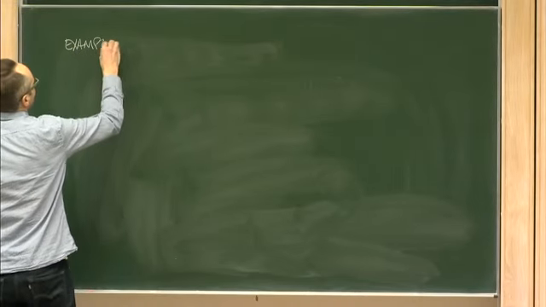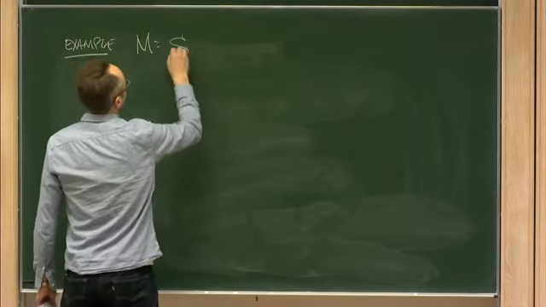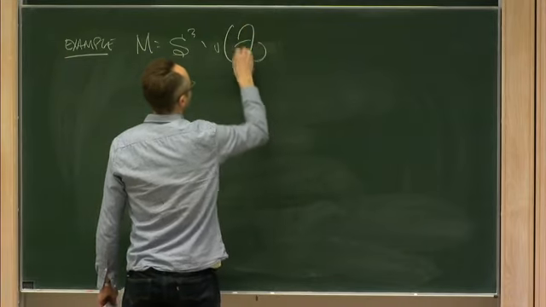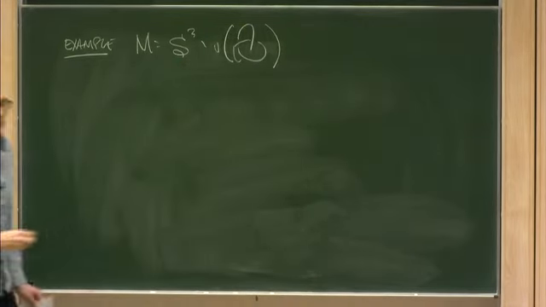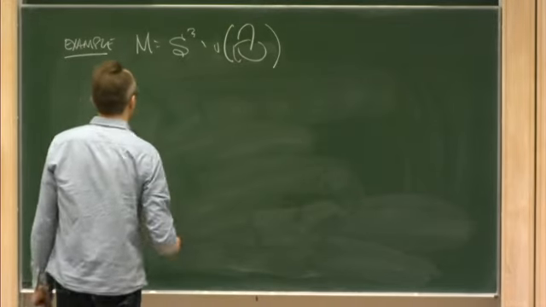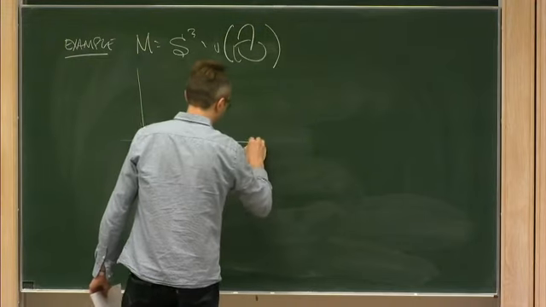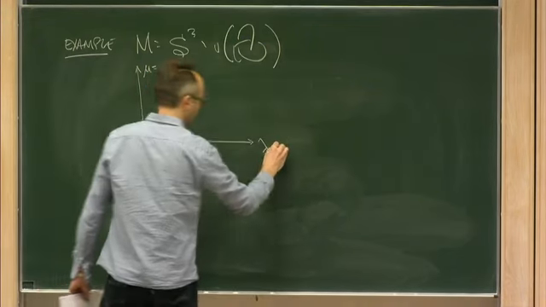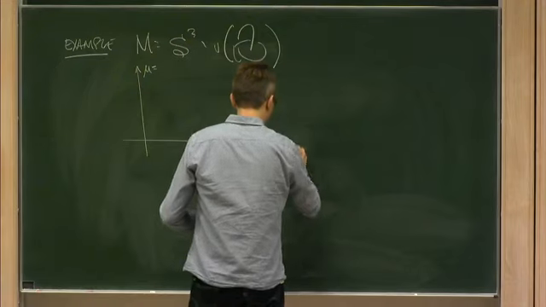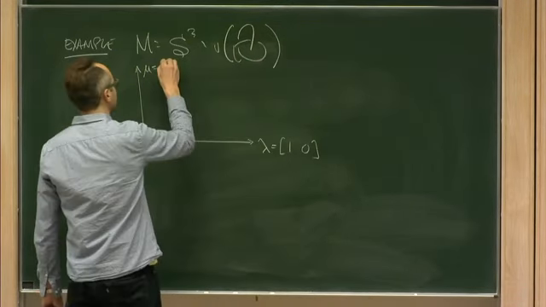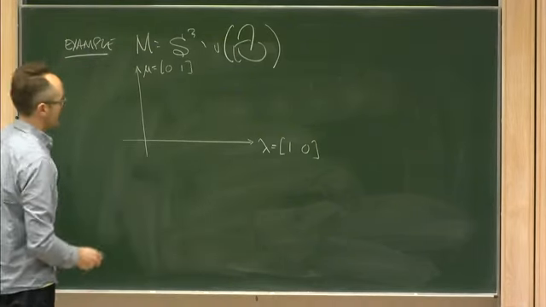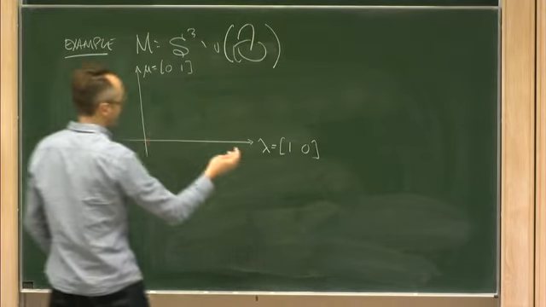So let me fix M, S^3 minus a neighborhood of the right-handed trefoil, and you write lambda and mu. These are my basis elements, and I'm going to describe the surgery plane in these terms. So this is 1 and infinity.